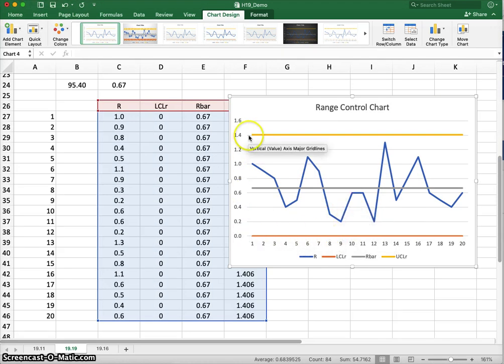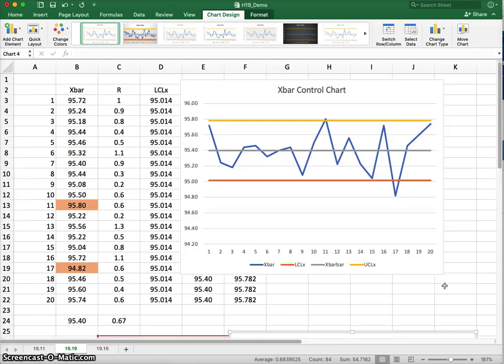This is my upper control limit at 1.406. And we can see that all of the sample ranges are within the limits. There are no observations that are outside the limits. Therefore, in regards to sample range, the process is in control. But in regards to sample means, the process is out of control.